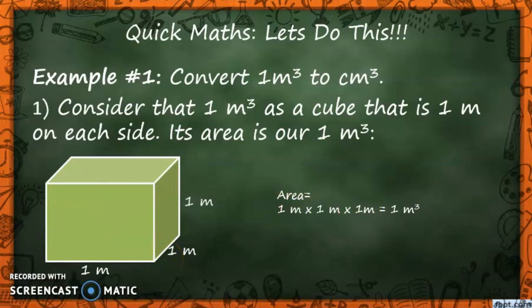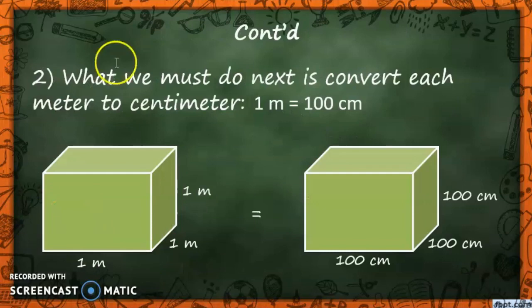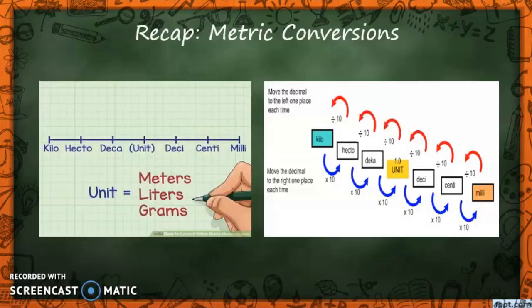Alright, so let's continue. Step 2. What we must do next is convert each meter to centimeter. And as you know, 1 meter equals 100 centimeters. So let's look back at our metric line to see if we're on the right track. What does 1 meter equal in centimeters?